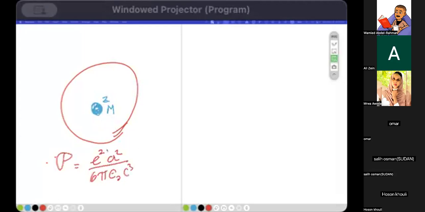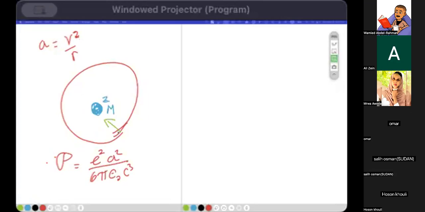There is emission because there is acceleration, and this acceleration is given by v squared over r. Centripetal acceleration, right? So that's the acceleration. Since there is acceleration, this particle should actually emit photons.